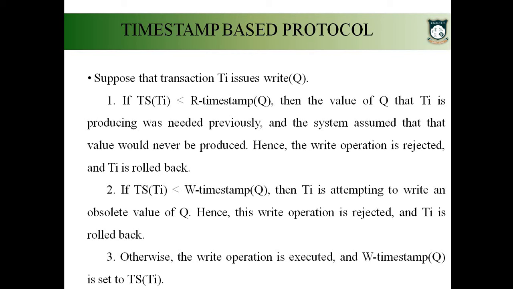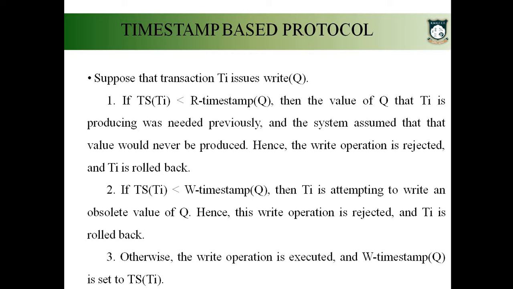If it is lesser, you are not accepting the request and you make the transaction roll back. Suppose it is greater than or equal to the write timestamp value of the data item, then you accept the request and allow it to read the data item. Once after reading the data item, you have to update the read timestamp value of the data item. So this process you have to do for read operation.